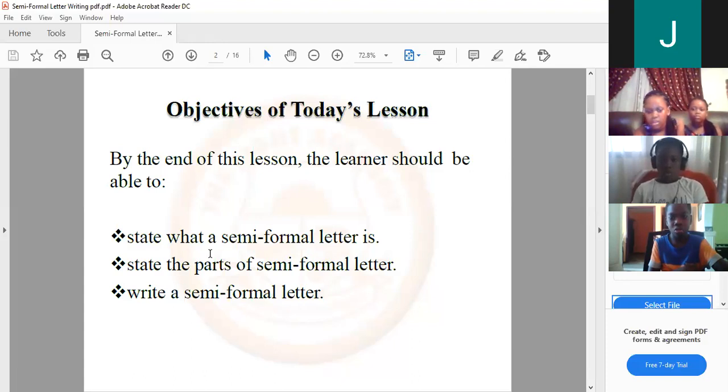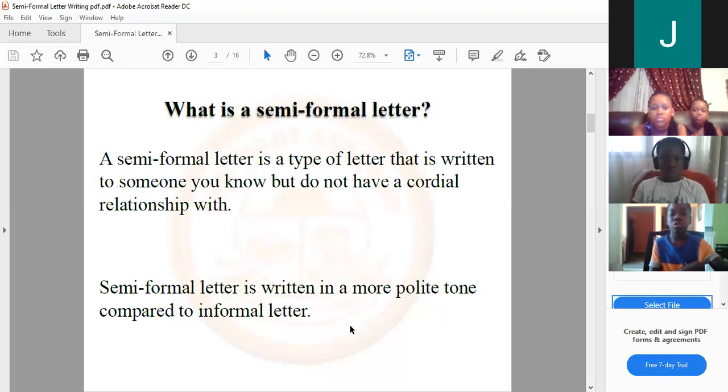And the ultimate one is for you to write a semi-formal letter for me. That is the most important thing. That by the time we are done with this lesson, all of you will be able to write a semi-formal letter.